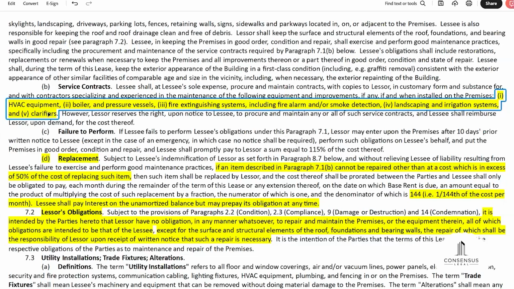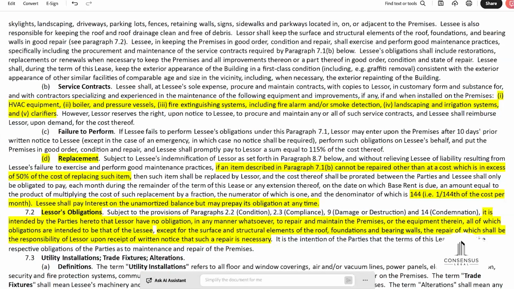So with respect to the roof membrane, that item is not split between the parties in the gross lease. And if the roof membrane needs to be replaced, lessor is not shifting some of that cost over 12 years to lessee.